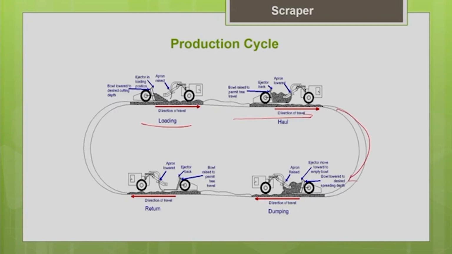In some cases it has to dump and then make a turn, depending on your project site constraints. Then it dumps in the dump area or fill area, spreading the material to the required thickness. When the bowl is empty, it makes the return haul in the unloaded condition, turns again, and gets ready for the next cycle. In this production cycle, there are two turnings involved.